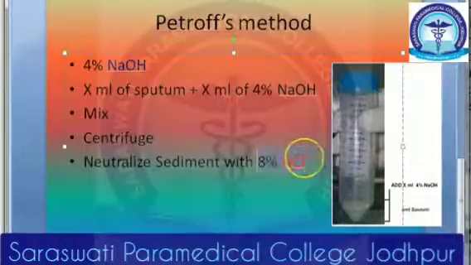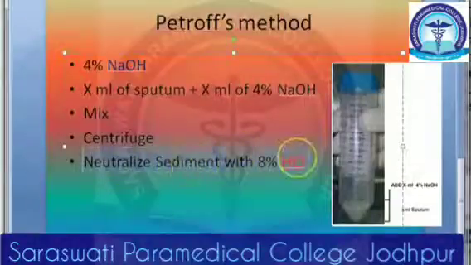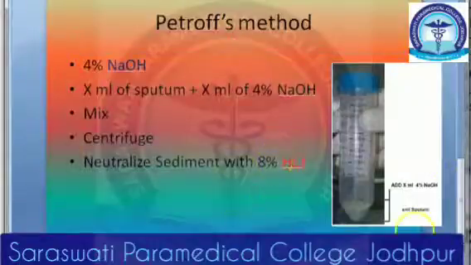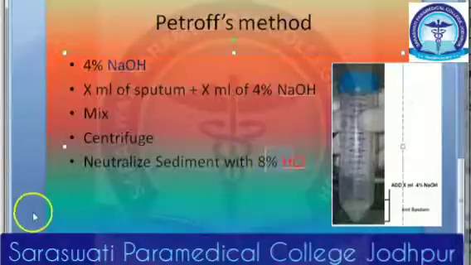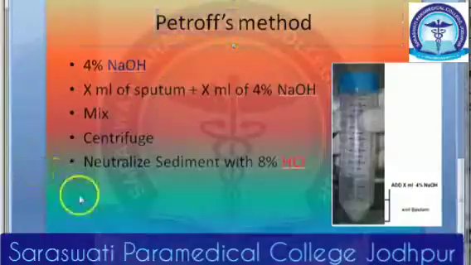So note here the concentration of the acid is more. I think they have not mentioned the ml here. So let's leave it at that. They only mentioned the 8% HCl. Is this clear? Petrov's method is clear. Shall we move on to the next method?